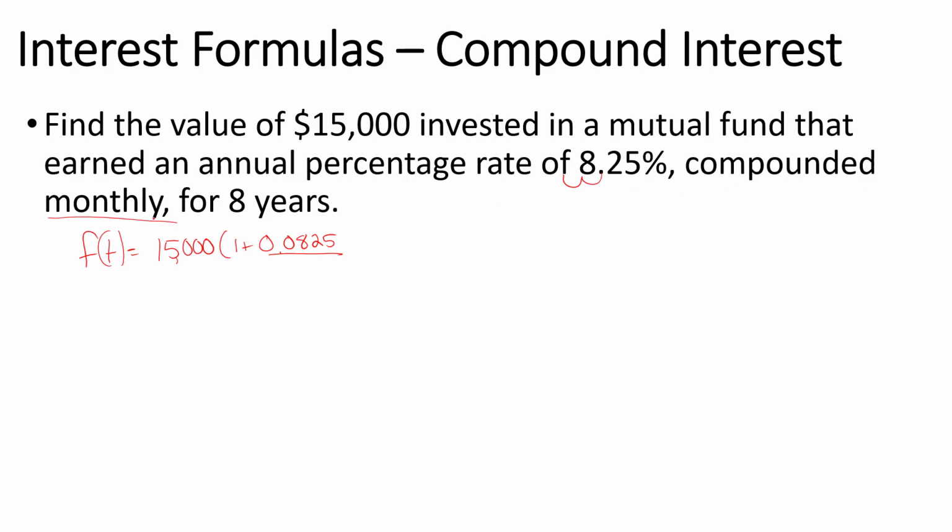Well, how many months are there in a year? There are 12. Raised to the 12 times 8, or you could say 96th power.